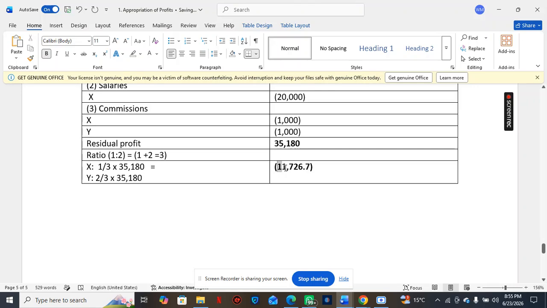His share is 11,726. Then for Mr. Y, 2/3 of 35,108 gives 23,453.3.